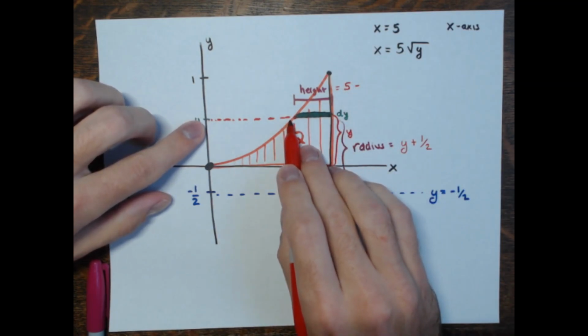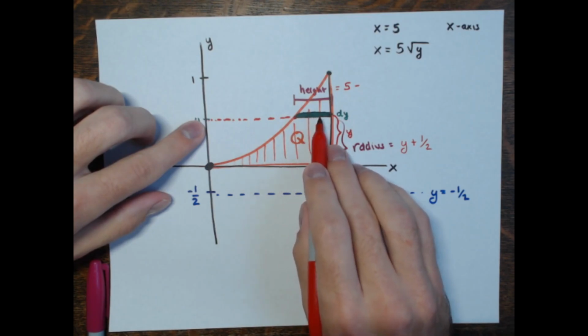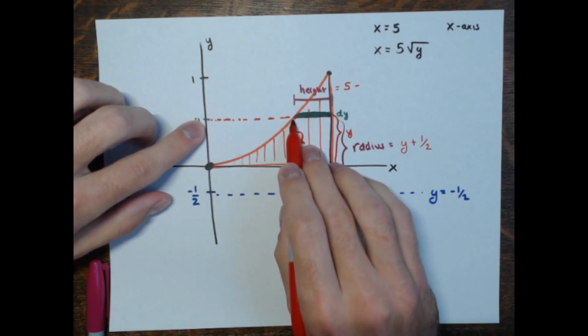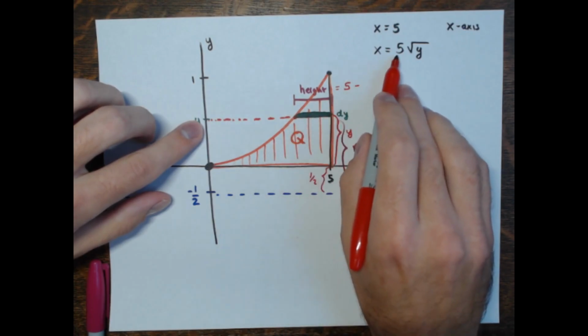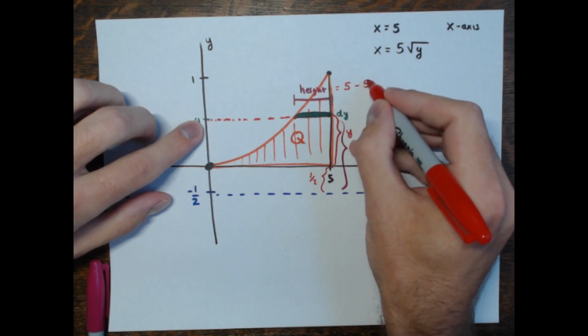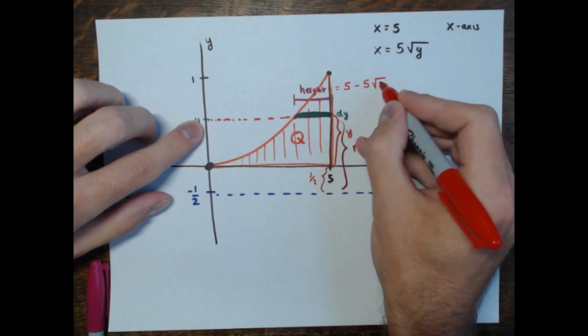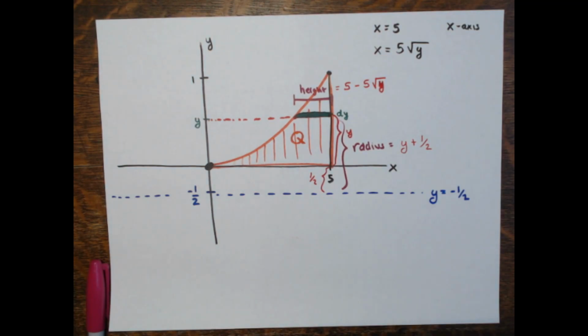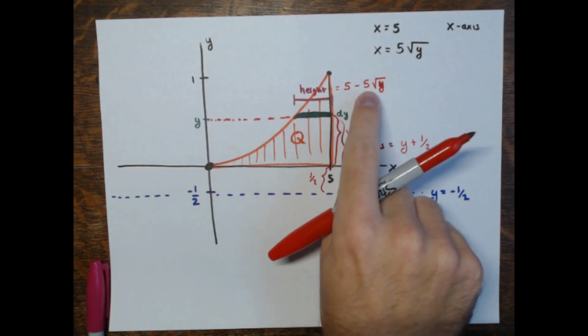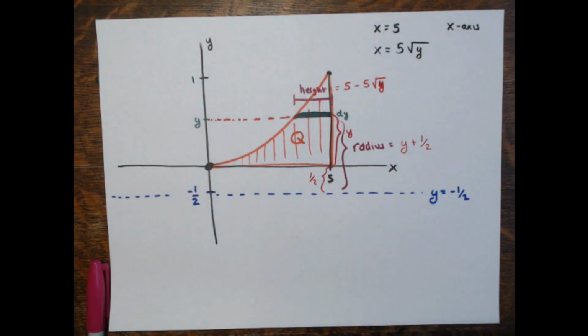I take away this much, and what's left over is the length of the rectangle, the width of the rectangle. And this x coordinate, since I'm on this curve here, is 5 times the square root of y. So 5 minus 5 times the square root of y. And there's the height of the shell. When I rotate this rectangle around the line y equals -1/2 and create a shell, this will be the height of that shell at whatever y value I pick.